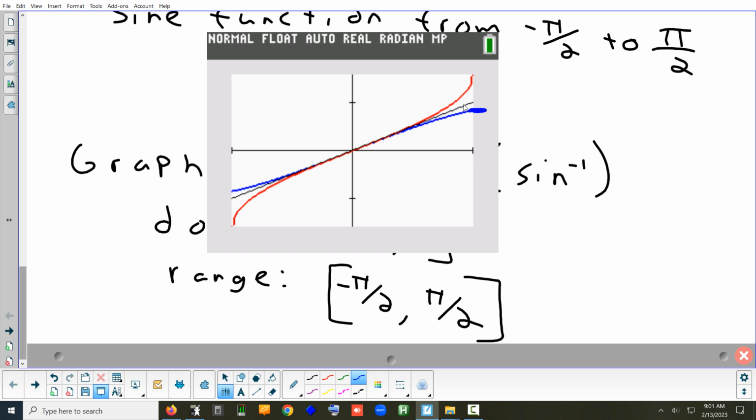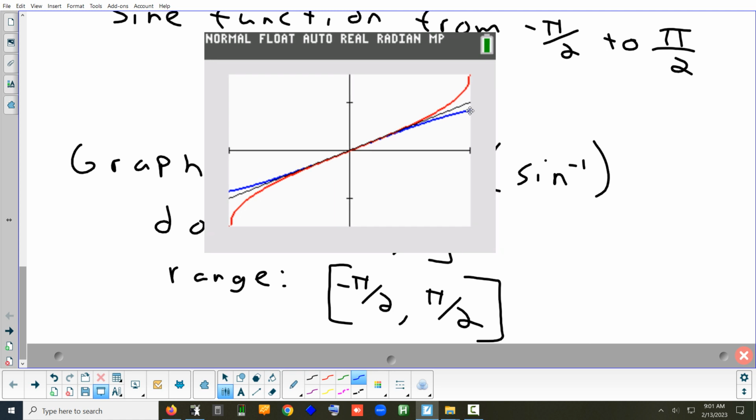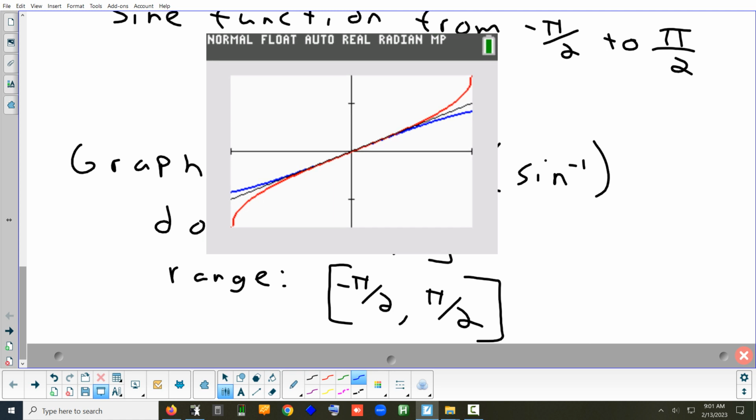Well, if the sine function is flattening out, then the inverse sine function is verticaling out. However you want to think of it. They're doing the opposite. I just didn't draw quite enough for you to see it get horizontal right in there. But that's sine and inverse sine.